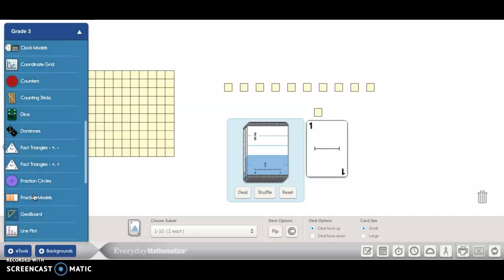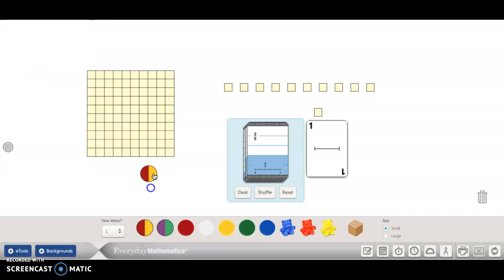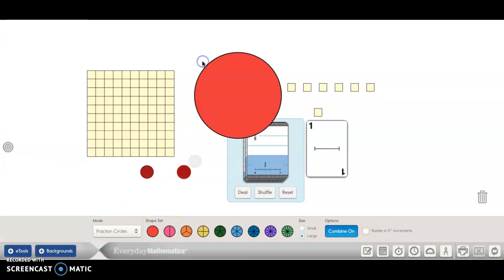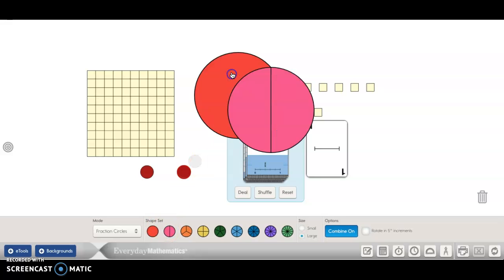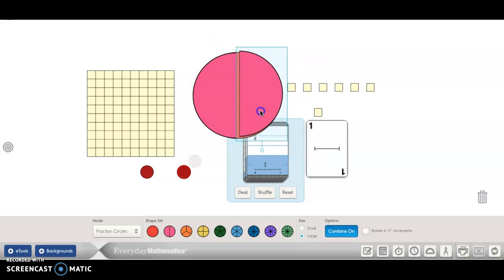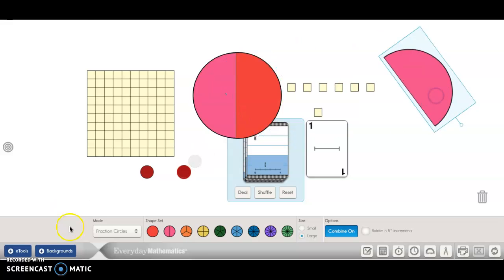If you ever need counters, you can have counters. If you ever need fraction circles, right? Those fraction circles, you can play around with them. It'll break it apart. You can stack them. You can even play with this for fun, explore, see what's on there.